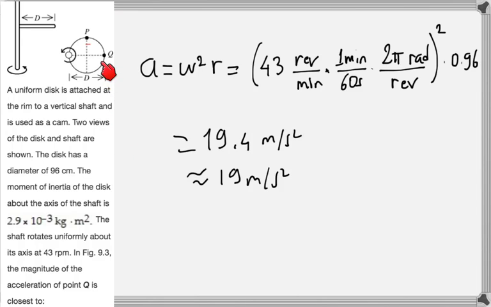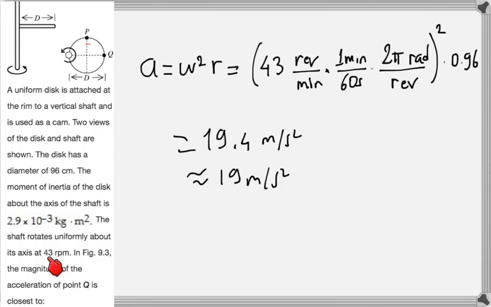It says this point Q on the disk. What is the acceleration of the point Q on the disk if it rotates uniformly with a speed of 43 revolutions per minute?